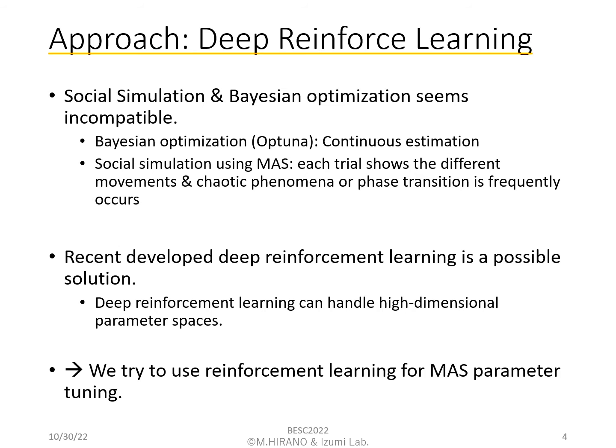Moreover, recent development of deep reinforcement learning is very promising, and deep reinforcement learning can handle high-dimensional parameter spaces and some kinds of chaotic things. So in this study, we try to use reinforcement learning for multi-agent parameter tuning.